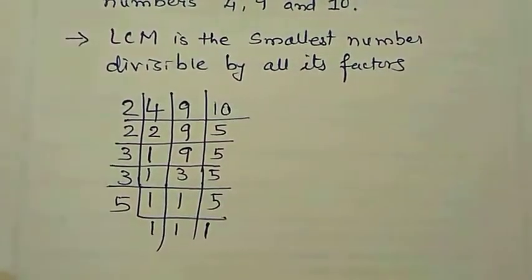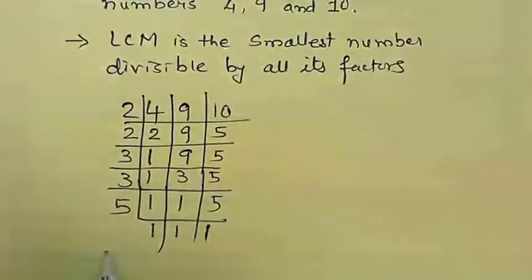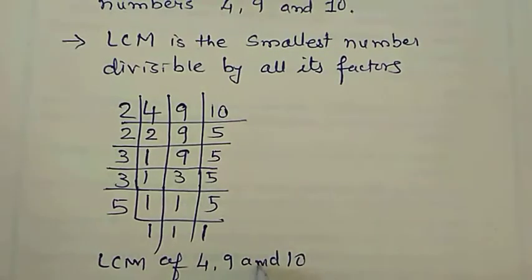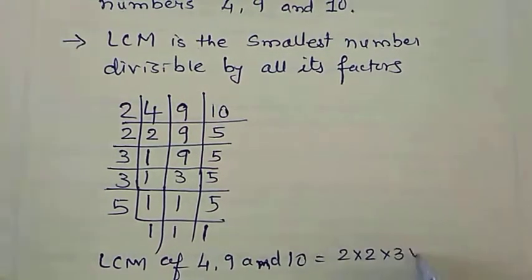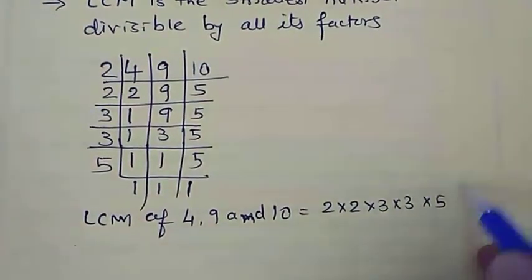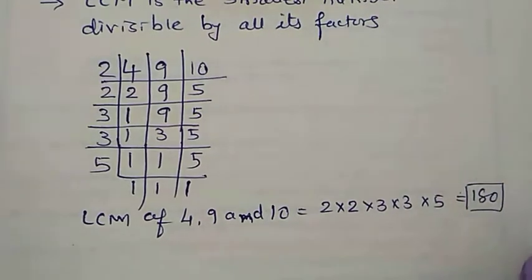So we can find the LCM. The LCM of 4, 9 and 10 is 2 into 2 into 3 into 3 into 5. Clear? And that will give us 180.